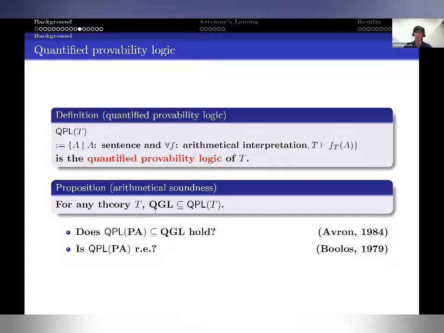QGL is a natural extension of GL to quantified modal logics. And then it is easy to show that for any theory T, QGL is included in the quantified provability logic of T. Then natural questions arise.